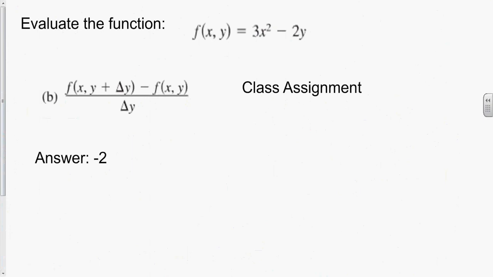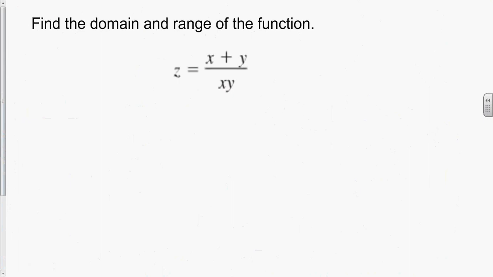Only have 15 minutes. Let's look at domain and range. Find the domain and range of this particular function. Here, the domain would be all x and y values that define this function, or that give z a value. If it's a fraction, then what needs to be investigated is what's happening in your denominator, right?